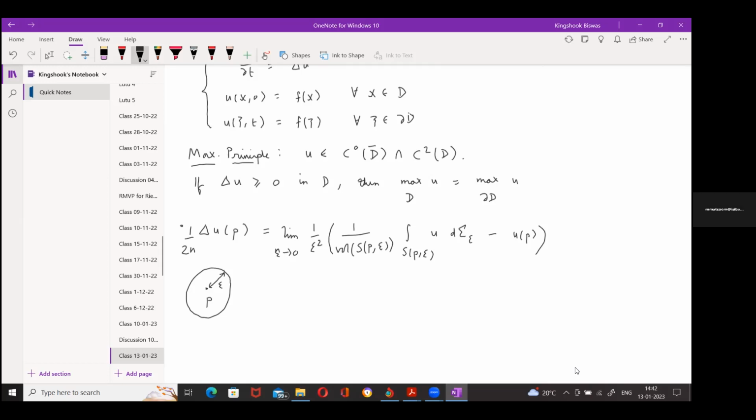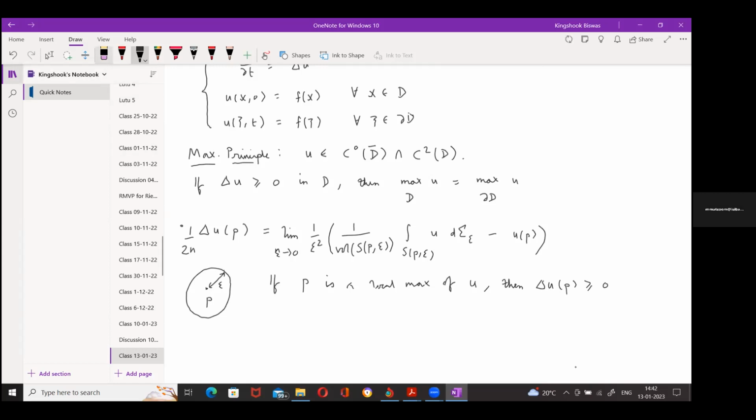Okay. So if you have this, then notice that if P is a local maximum of U, then the Laplacian of U at P is going to be greater than or equal to 0, because the value at P will be greater than or equal to the value on a small sphere.